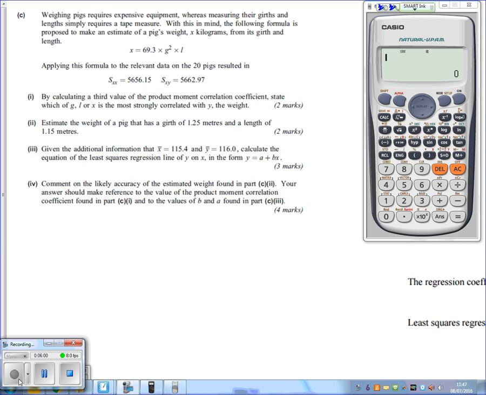So I would need 5662.97, that's the SXY, and we're dividing that by the square root of 565615. And we're still going to multiply that by SYY, which is our value from earlier of 5880. If I work that one out, I'm going to get a correlation coefficient of 0.982.